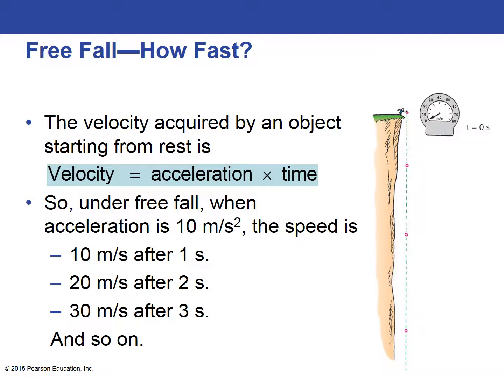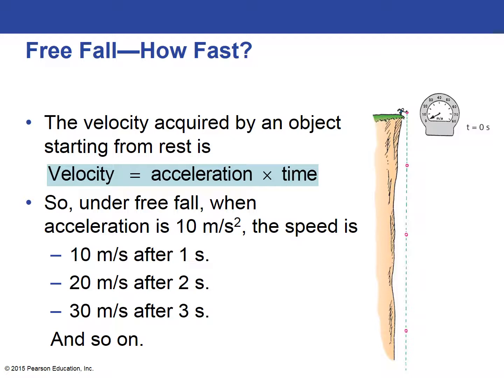After 2 seconds, it will achieve a velocity of 20 meters per second. And after 3 seconds, it will achieve a velocity of 30 meters per second, and so on. So this is the way to visualize or understand the acceleration of gravity.